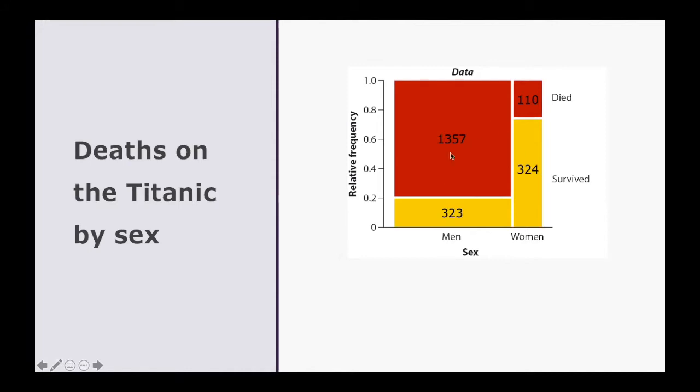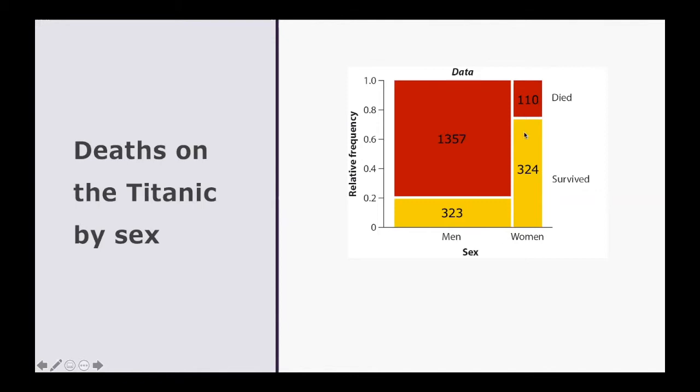But in addition to seeing that there were more men than women on the Titanic, we can also see that men were far more likely to die when the Titanic sunk than women were. This big red bar is much bigger than the small yellow bar corresponding to the men that survived, whereas the proportion of females or women that survived was much higher.